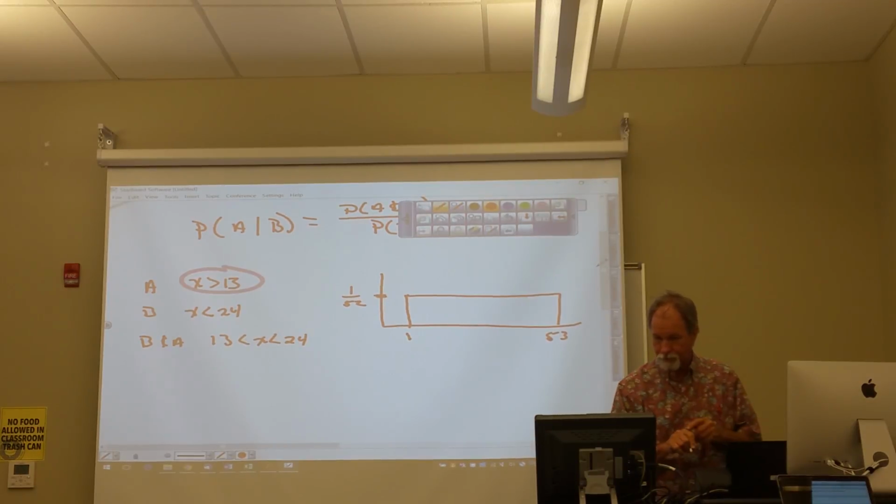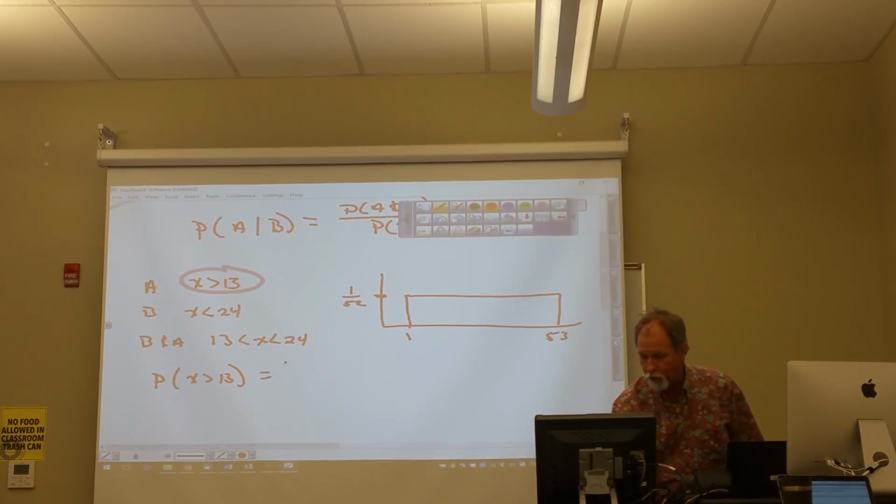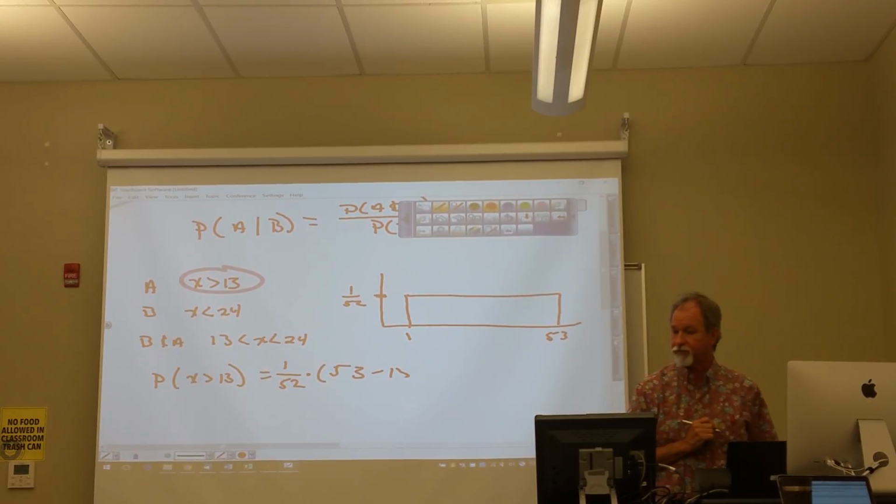The probability of X being greater than 13 is 1 over 52 times what? 13 minus being greater than 13 would be 53 minus 13.